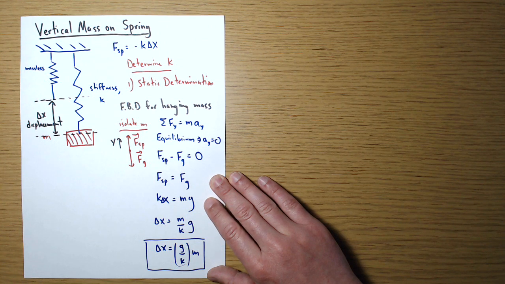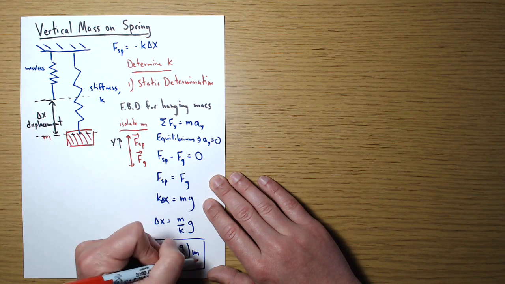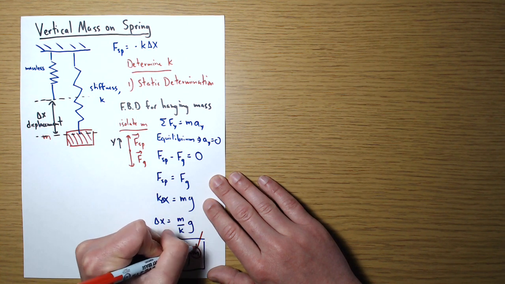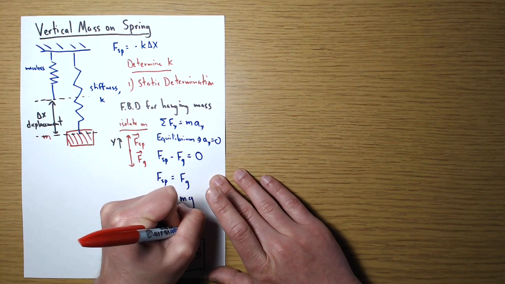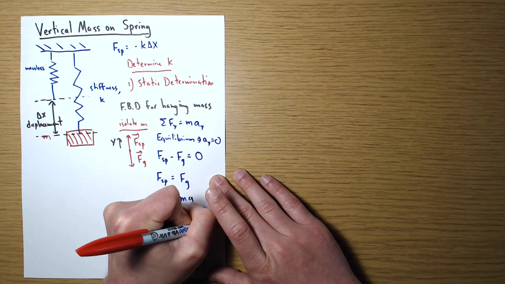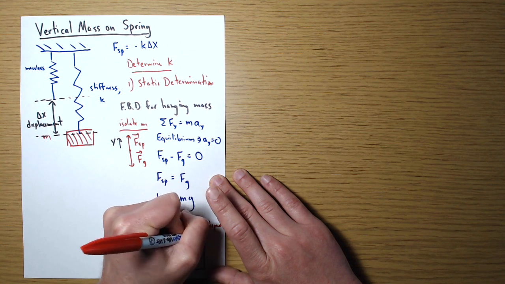Now, how are we going to use this to statically determine the spring constant? Well, in this equation right here, there are basically two variables which we can very easily measure. We can measure our m. And the m I will call the independent variable.